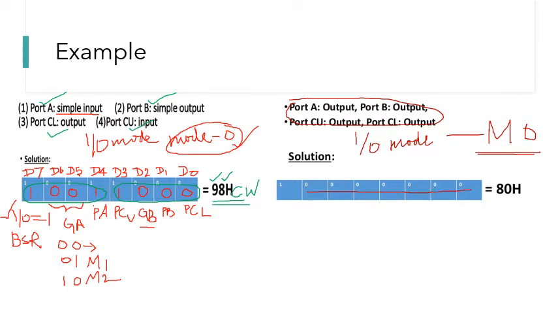D6 and D5 are meant for mode selection. Here it is mode 0, so we apply 0, 0.